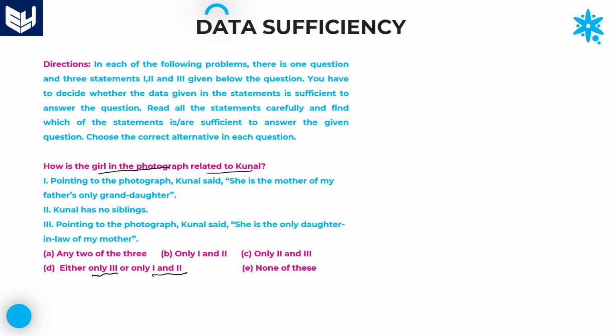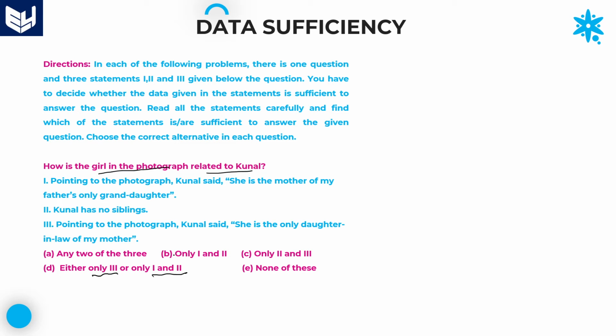You have to be very careful about that. While you are checking by the option verification method, if you are getting the answer by using only 1 and 2, sometimes there is a chance that you may directly mark option B as the answer.